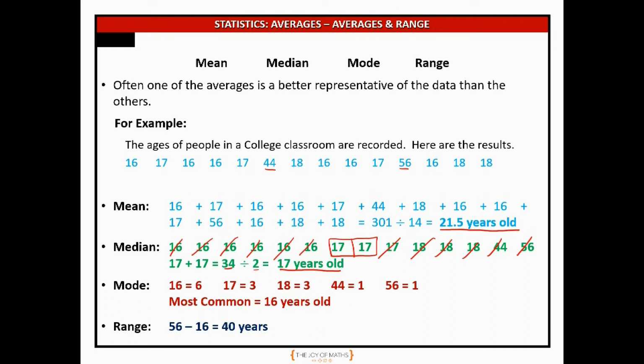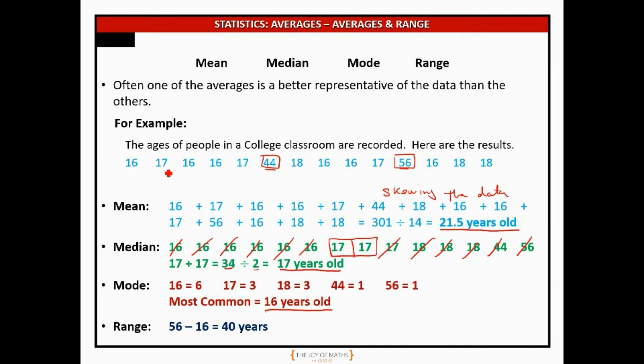So the decision is which one do we use as a measure of central tendency. The mean is coming out at 21.5, the median is 17 and the mode is 16. Now going back to the 44 and 56-year-old, what they are doing effectively is skewing the mean, and that basically means that they are outliers. They don't sort of fit in.